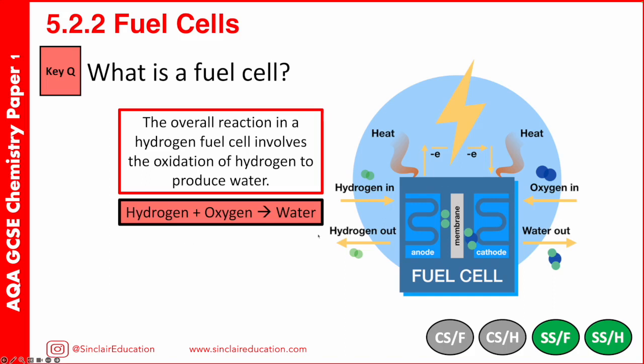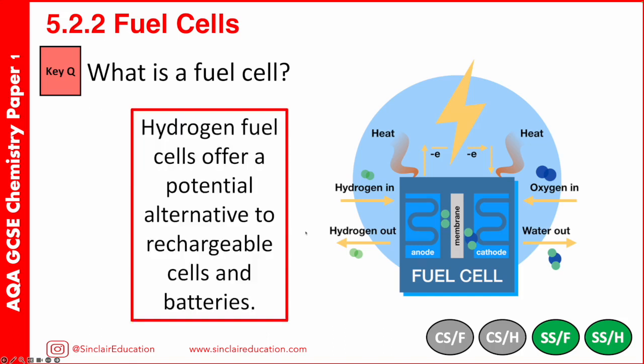So the overall word equation for what's going on in this fuel cell is that hydrogen plus oxygen is making water. What's actually going on is a bit more complicated than this, and we'll have a look at that in a moment. But for now, hydrogen fuel cells are an alternative to using rechargeable cells and batteries that contain chemicals that are notoriously quite bad for the environment.